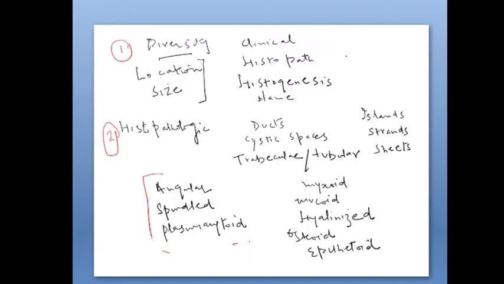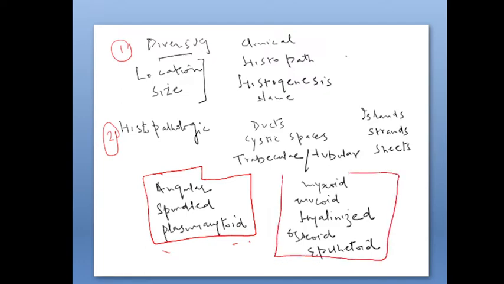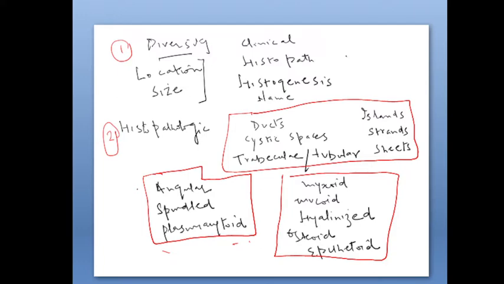Here, there are basically three phases histopathologically, which we will discuss. This is the epithelial phase. This is the myoepithelial phase. This is the stromal phase. We'll discuss all these three components later on. This is epithelial component, this is myoepithelial component, and this is stromal component.